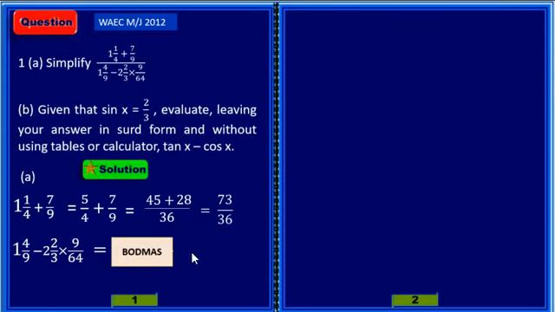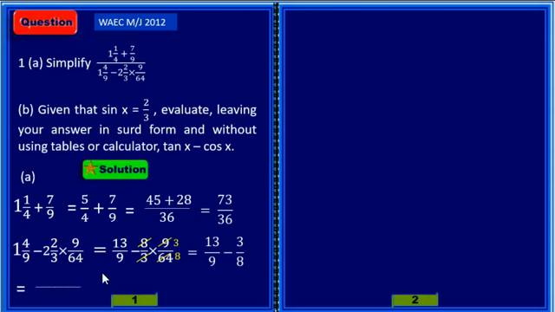BODMAS requires that we handle multiplication. We must first of all multiply before we subtract. Now, simplifying, that yields 13 over 9 minus 3 over 8.